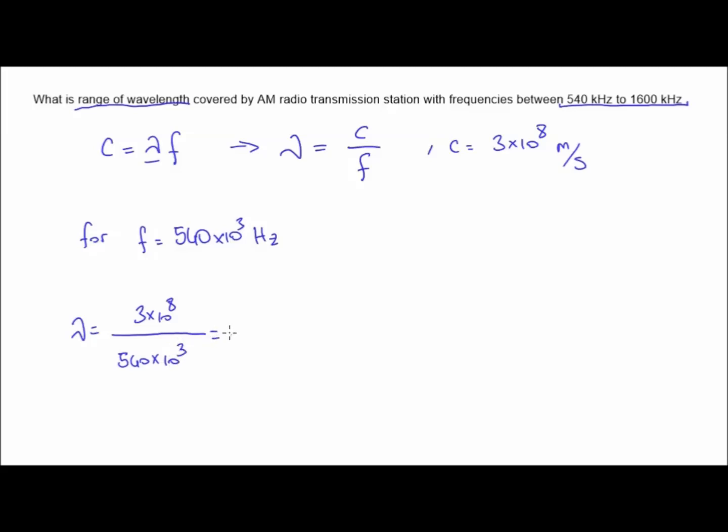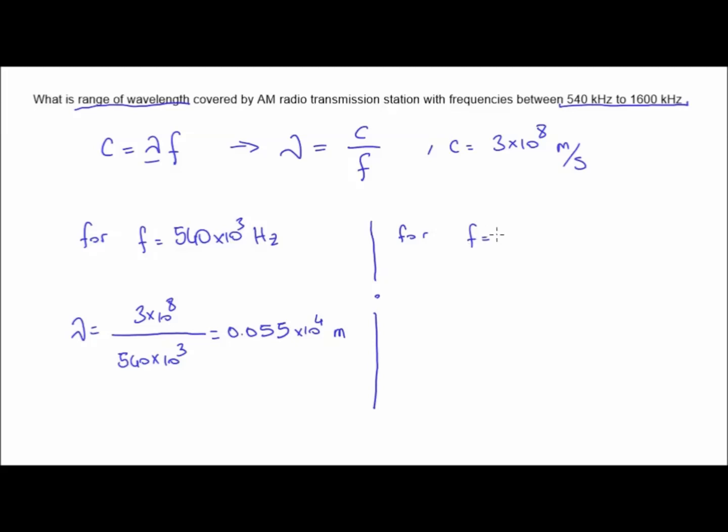The result going to be 0.055 times 10 to power of 4 meter. This is the first one.